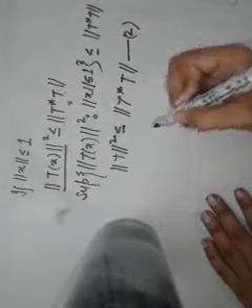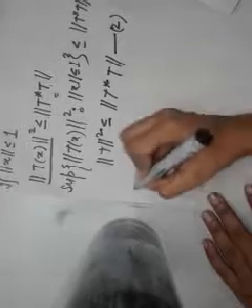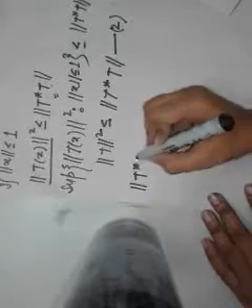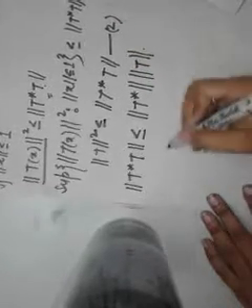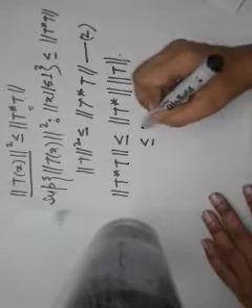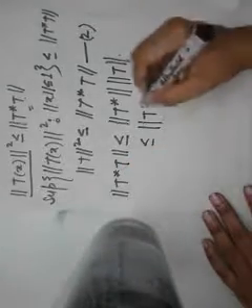And now we know that norm T star T is lesser or equal to norm T star times norm T by Schwarz inequality, and we already know that norm of T star is equal to norm of T from the previous property of adjoint.